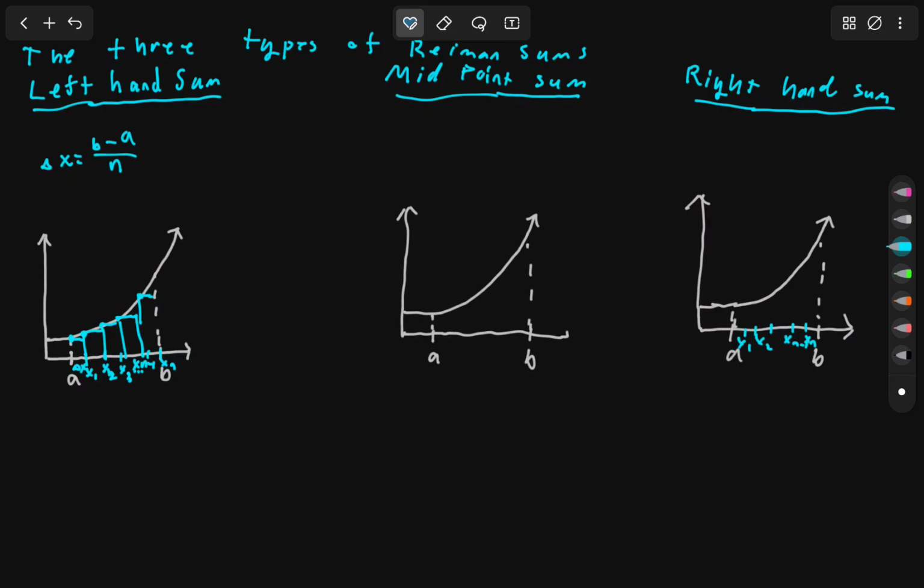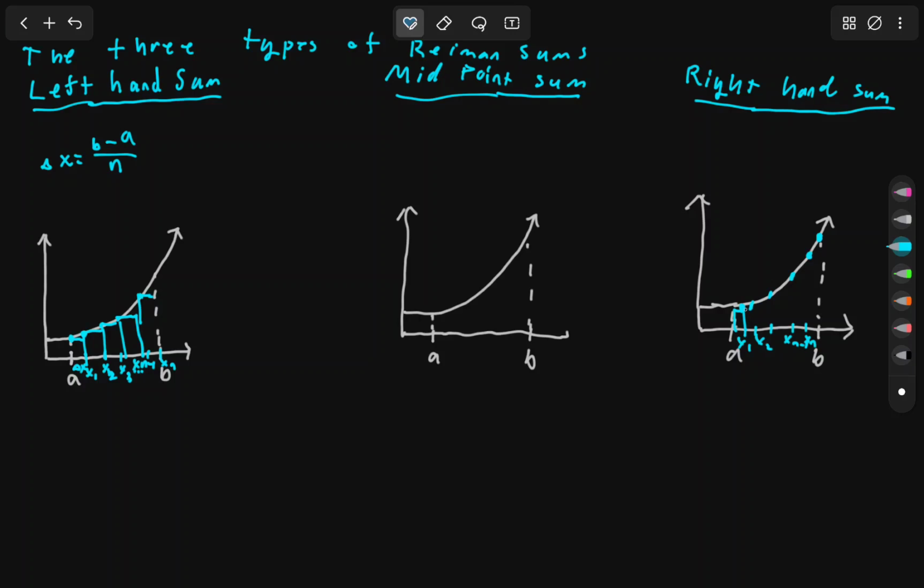Instead of using the left endpoint on these subintervals, we're going to be using the right endpoint, or the higher of the two. So we'll be using x_{n-1}, x_{n-2}, x_{n-3}, x_{n-4}, until we eventually reach x_n, or x1.